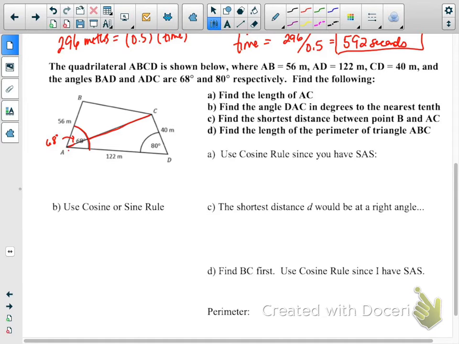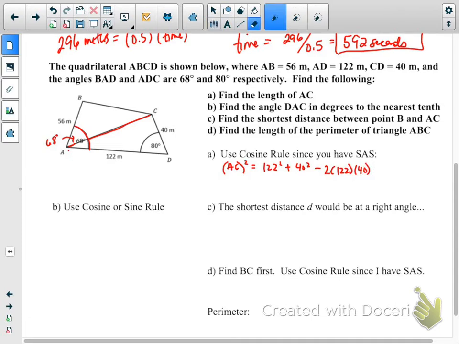So in this case, AC squared would be 122 squared plus 40 squared. Doesn't matter which order you do that in. Minus 2. Don't forget the 2. That's easy for even me to forget. 2 times 122 times 40. And look here, I'm doing it too.